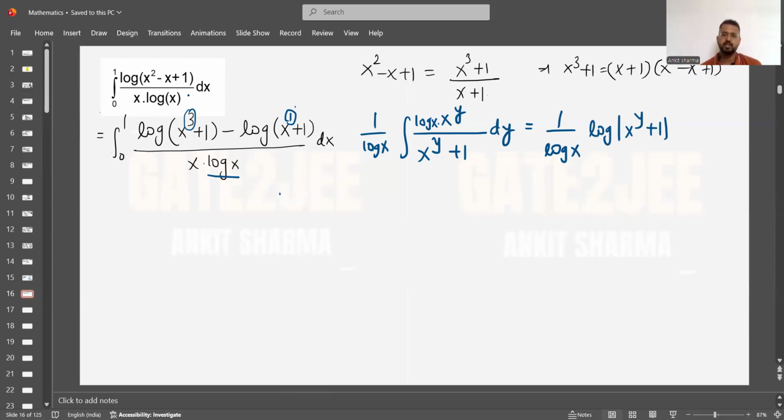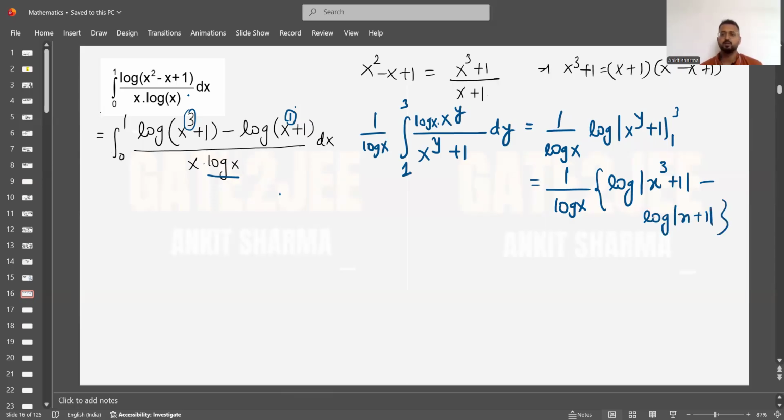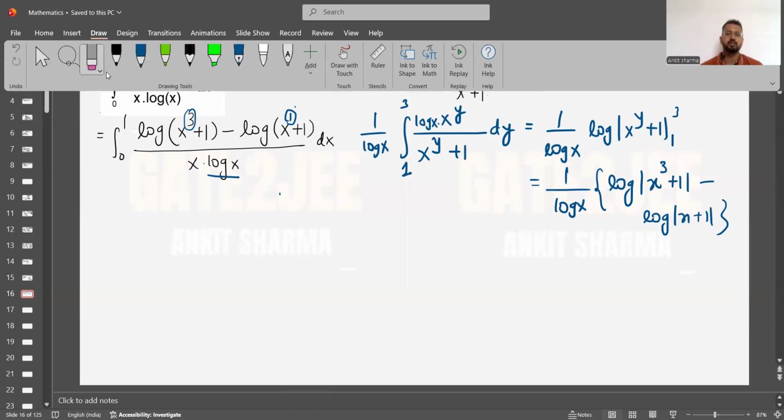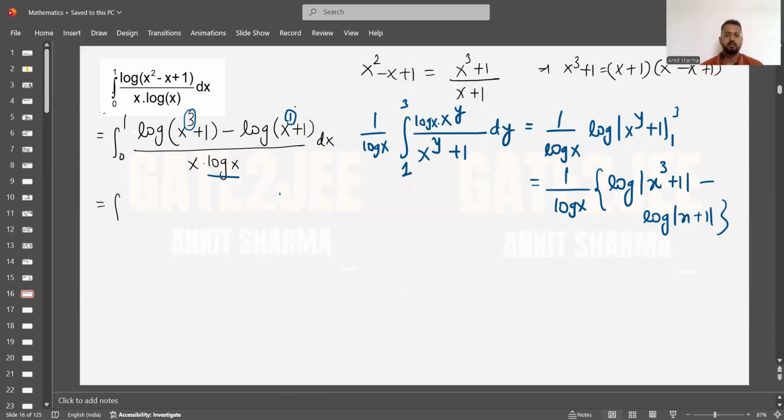Now I just have to take care of the limits. This part is x cubed, so the upper limit should be 3. And this is x plus 1, so the lower limit should be 1. So here I'll have 1 over log x into log of x power 3 plus 1 minus the lower limit, log of x plus 1. So this is the whole idea. Now we're going to convert this integral 0 to 1.